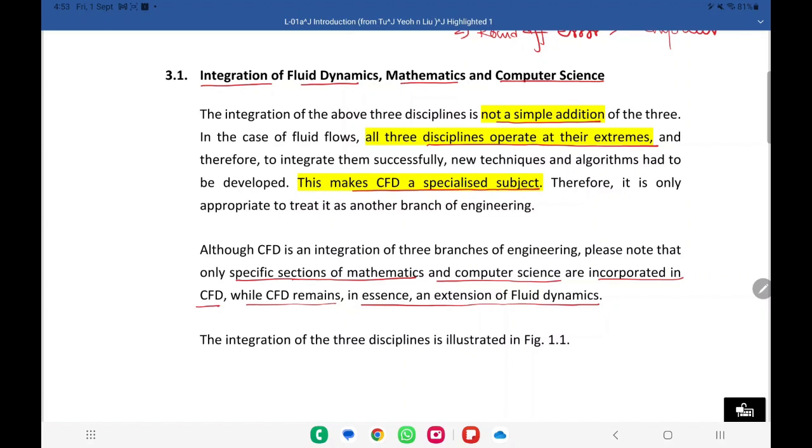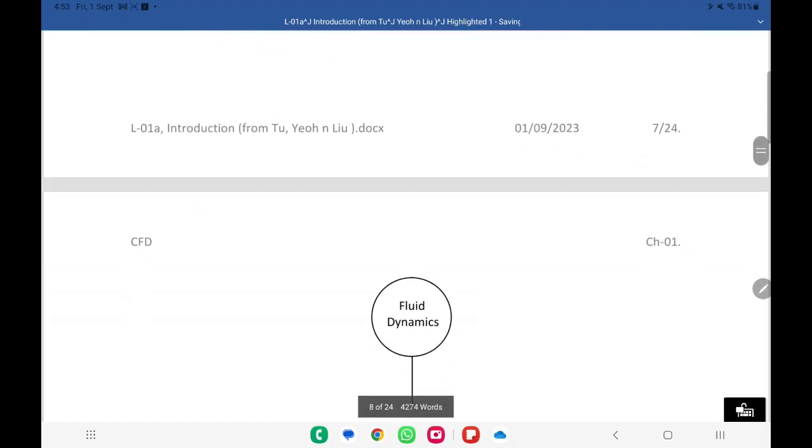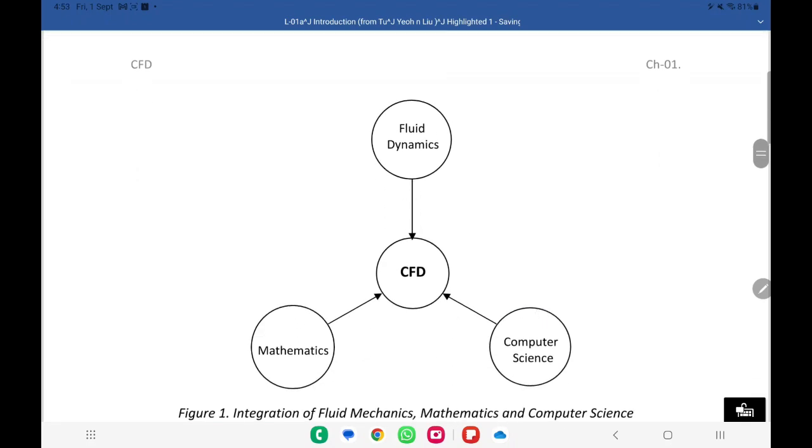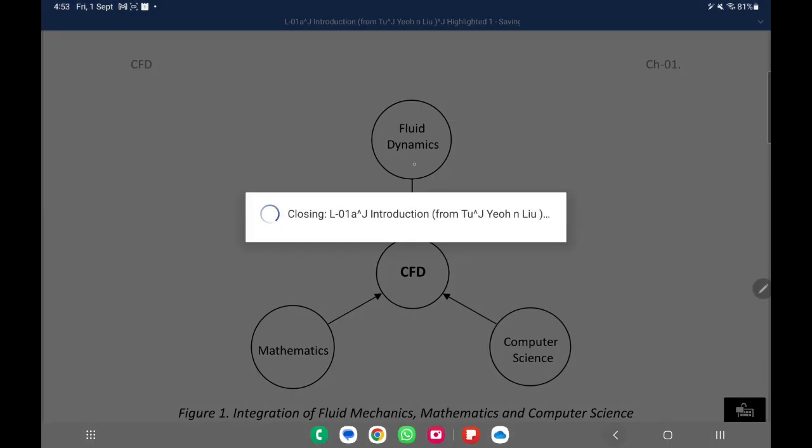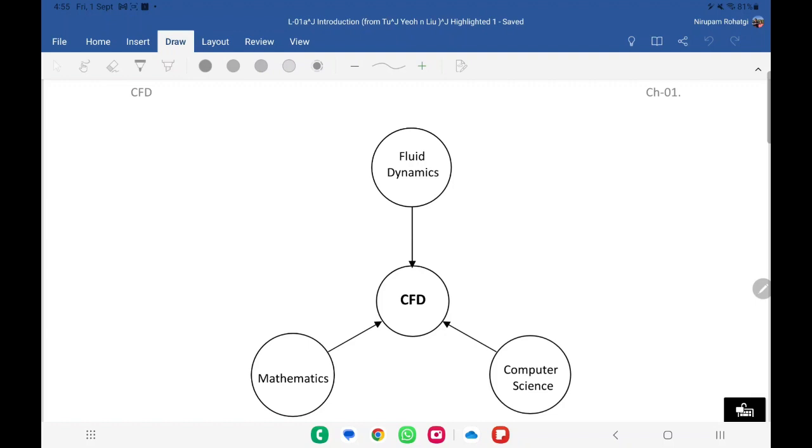So CFD is actually fluid dynamics only, but it involves mathematics and computer science rigorously. Okay, and so we can put a diagram like this. This is what CFD is. It is made up of these 3 things: fluid dynamics, computer science and mathematics.